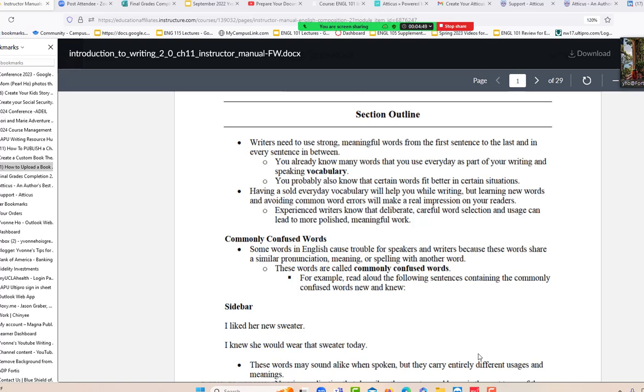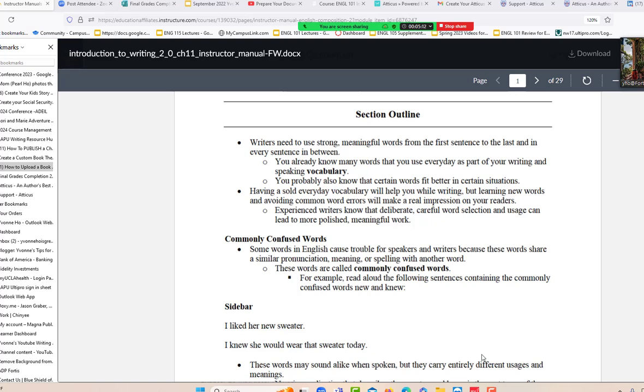Having a really good everyday vocabulary will help you while writing. But learning new words and avoiding common word errors will make a real impression on your readers. Experienced writers know that deliberate, careful word selection and usage can lead to more polished, meaningful work.